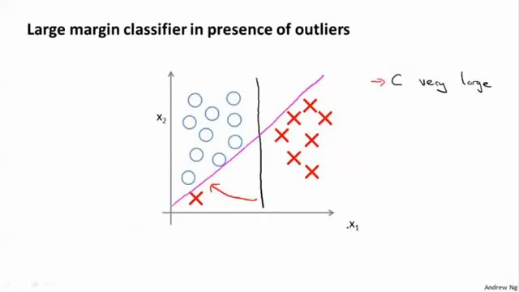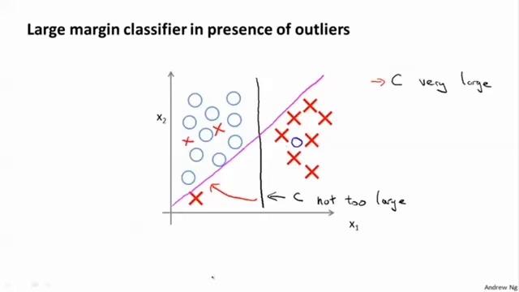But if C were reasonably small, or if you were to use C not too large, then you still end up with this black decision boundary. And of course, if the data were not linearly separable, so if you had some positive examples in here, or if you had some negative examples in here, then the SVM will also do the right thing.